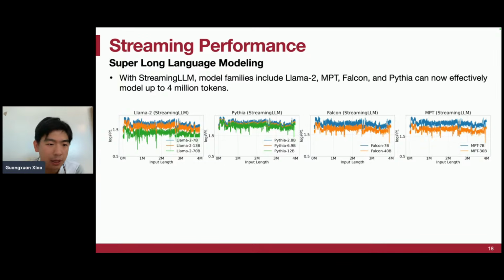So StreamingLLM is also agnostic to position embedding settings. With StreamingLLM, these models can now effectively model up to 4 million tokens, far beyond the pre-training sequence length.